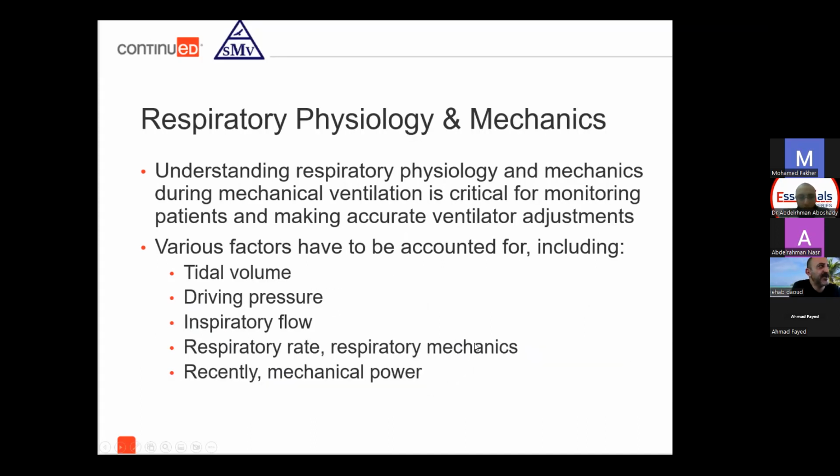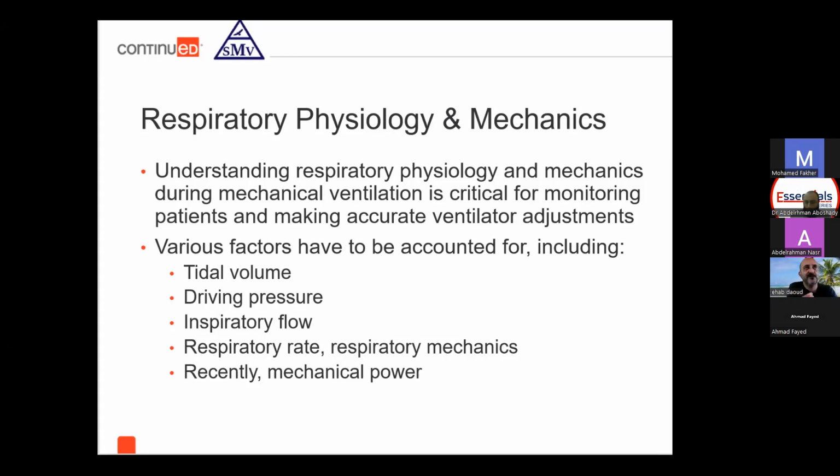Let's take a step back and talk about the physiology and mechanisms of mechanical ventilation. There are various factors, as mentioned before, that can account for injuring the lung. It used to always be a debate among clinicians: what injures the lung? Is it the tidal volume?